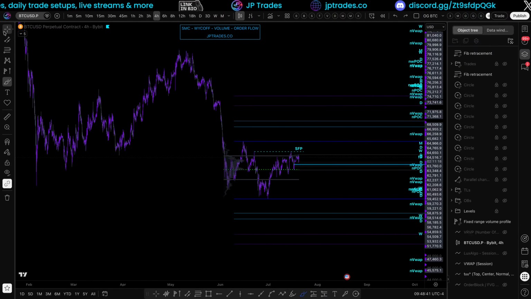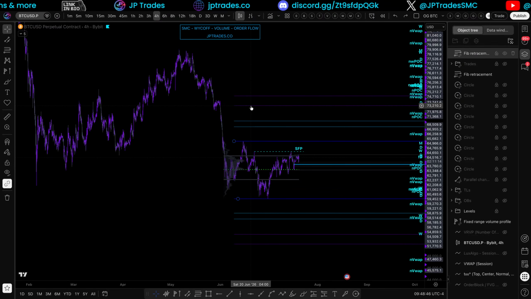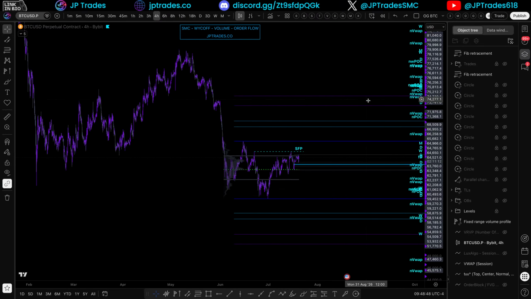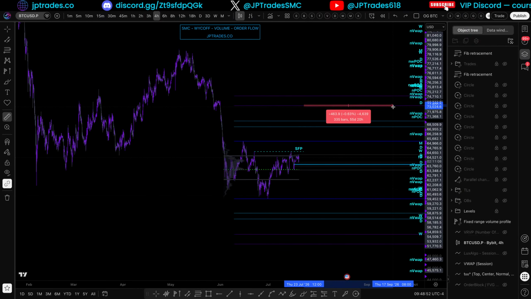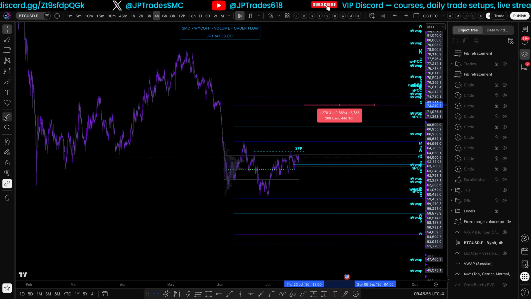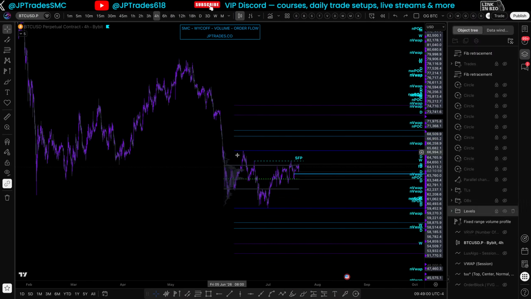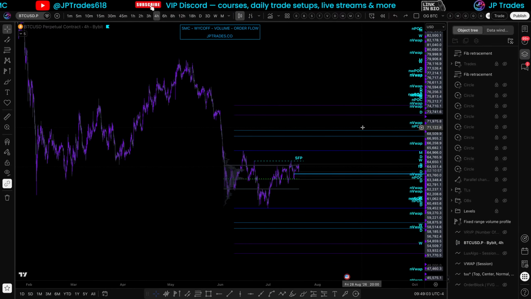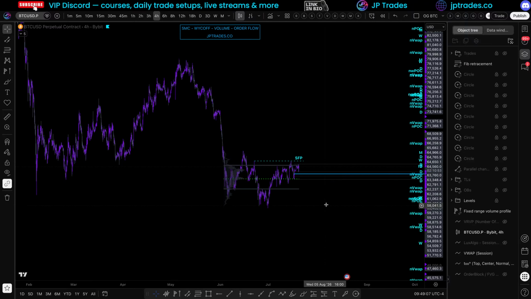But that's a bit macro, and we won't really need to worry about that particularly today because I think that would take some time to play out. Now, that could take just as long as this area right here, which was about 39 days. So when we get to that, we'll have plenty of signs telling us how to play that setup.